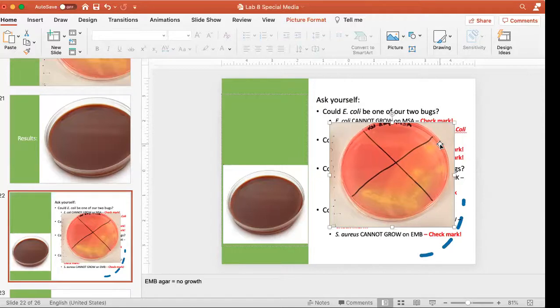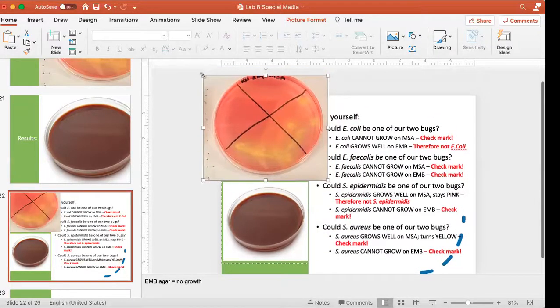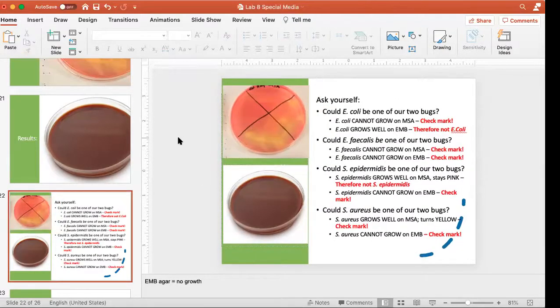It will grow because it doesn't mind all that salt, and it will ferment the mannitol in the media. It secretes an acid byproduct, and it changes the pH in the agar and turns it yellow. So that's a really nice sort of affirmative piece of evidence that Staph aureus was one of the two organisms.